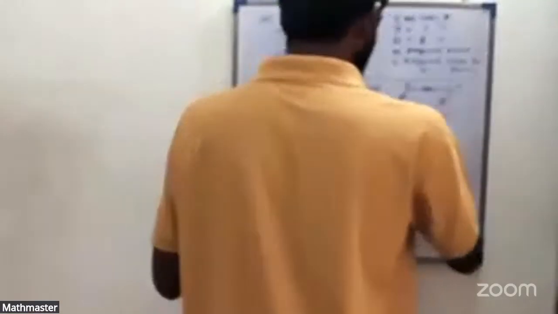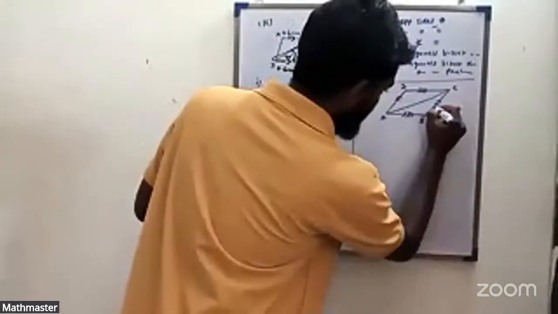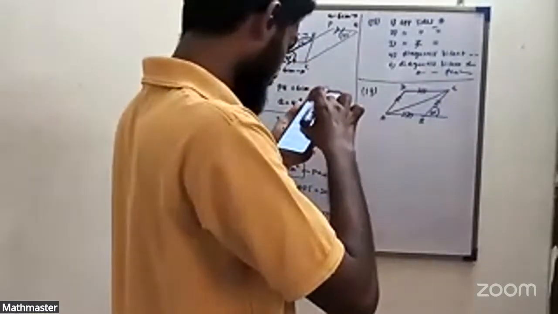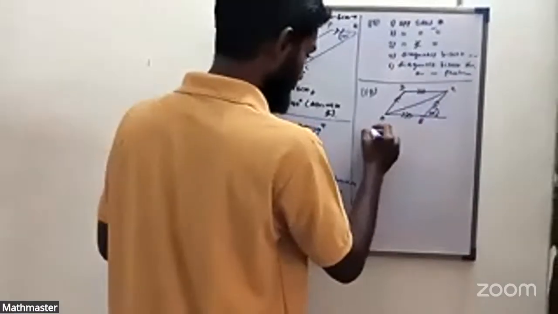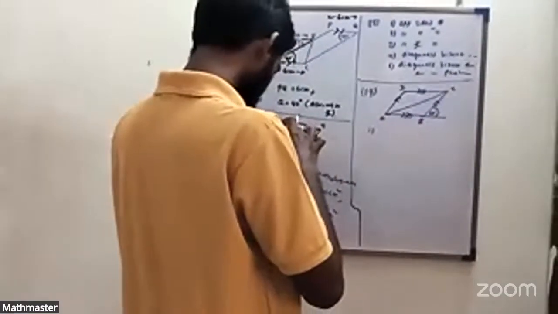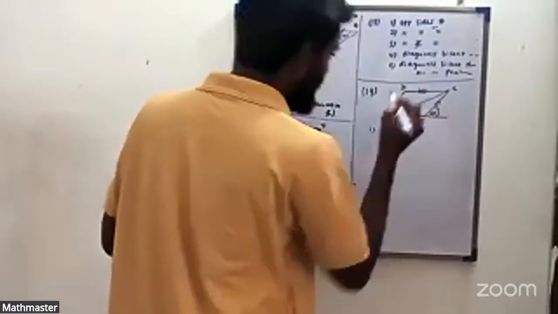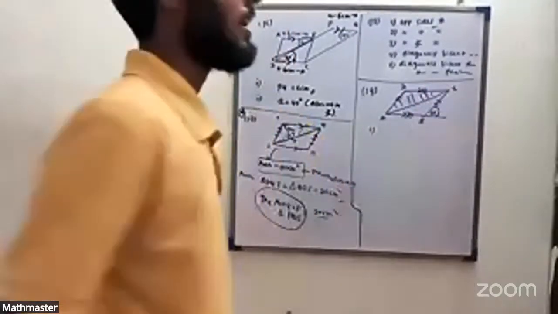And this is the diagram, and this angle is 60. They ask to find the area of the parallelogram ABCD. So the ABCD parallelogram and the area of a triangle is 64.